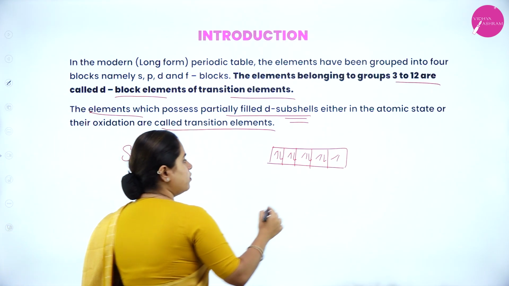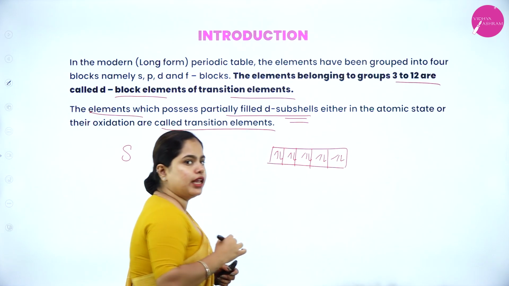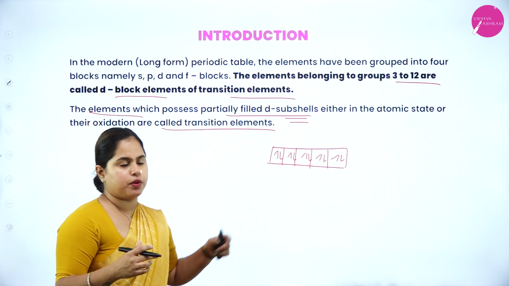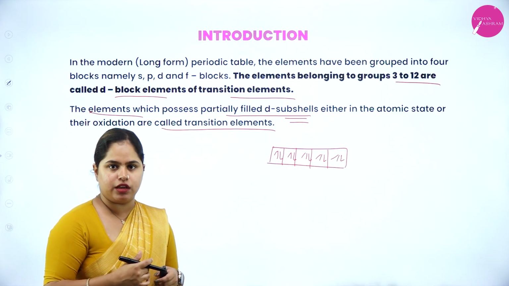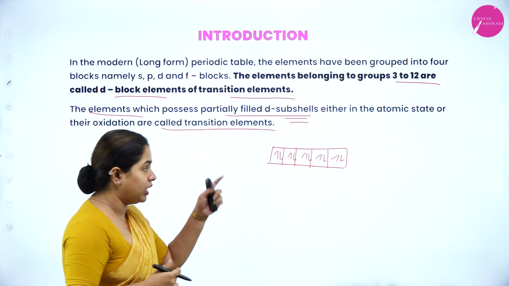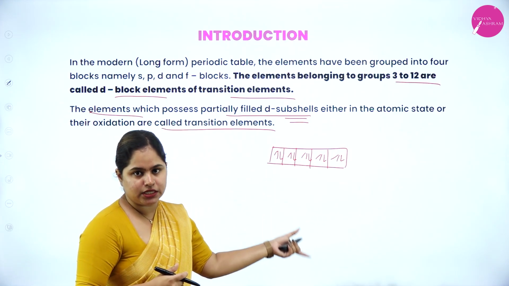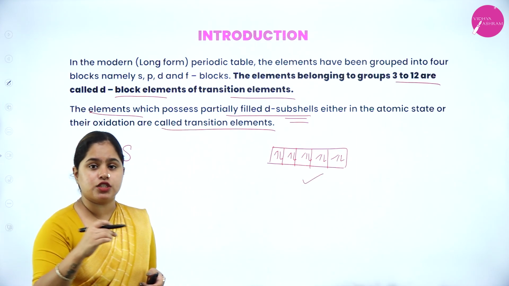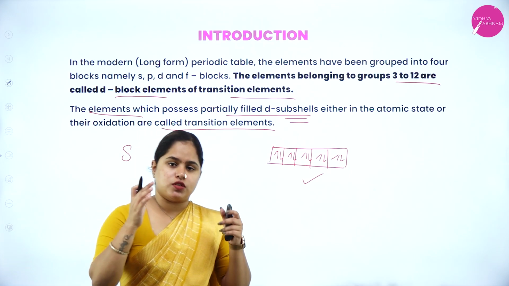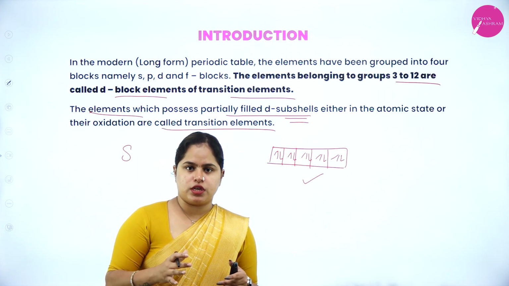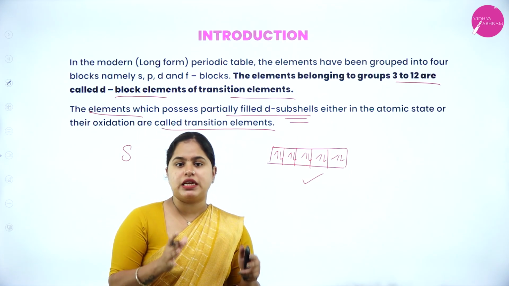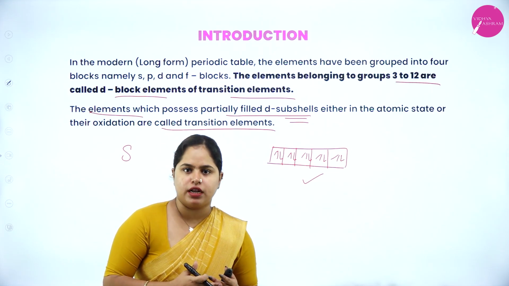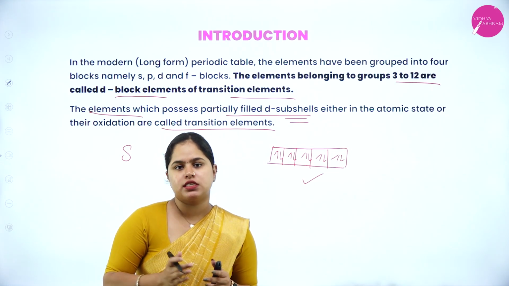Now, if there are completely 10 electrons, that is, 2 electrons in each orbital, then I can say that this is a completely filled electronic configuration. If your D block element has this completely filled electronic configuration, then it does not become a transition element. So, transition elements are those elements which have incompletely filled D orbitals, right? If it is completely filled, it doesn't become a transition element. I hope the difference is clear to you.